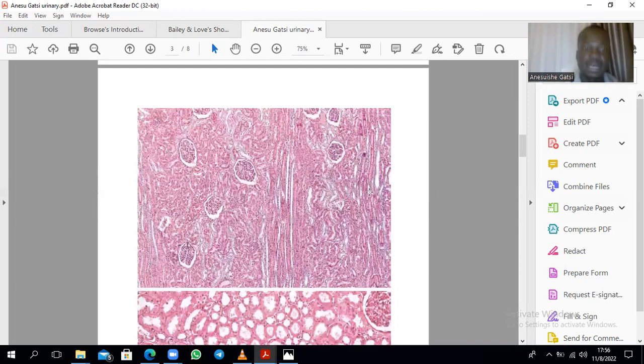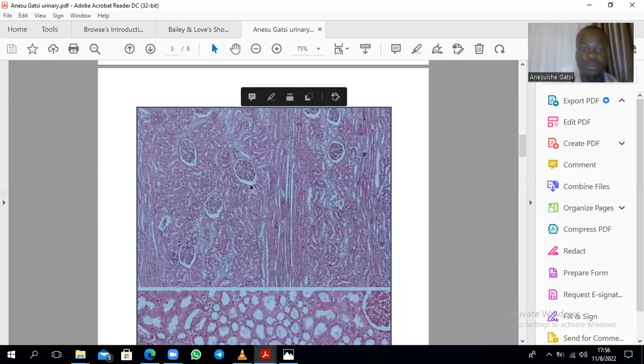Then from this high magnification, probably times 25, that's a renal corpuscle, renal corpuscle, renal corpuscle there. Then in between here, these are what we call medullary rays. So those are our medullary rays here.